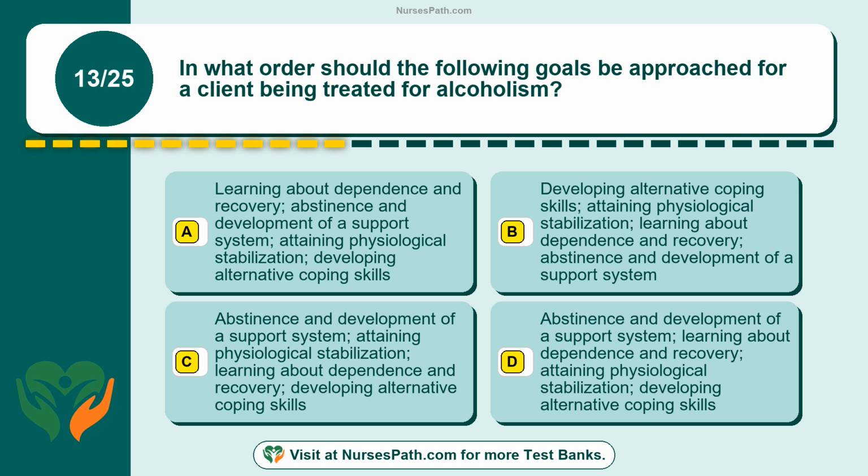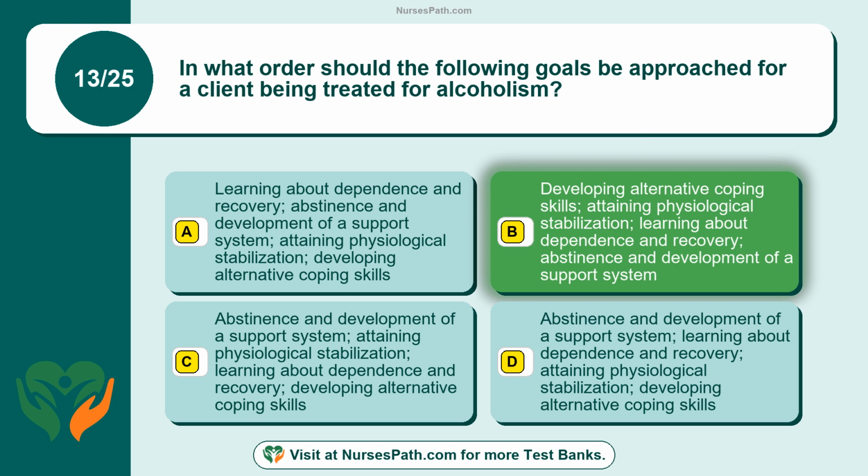Option C, abstinence and development of a support system, attaining physiological stabilization, learning about dependence and recovery, developing alternative coping skills. Option D, abstinence and development of a support system, learning about dependence and recovery, attaining physiological stabilization, developing alternative coping skills. The correct answer is option B.